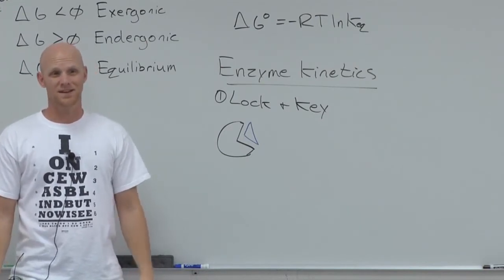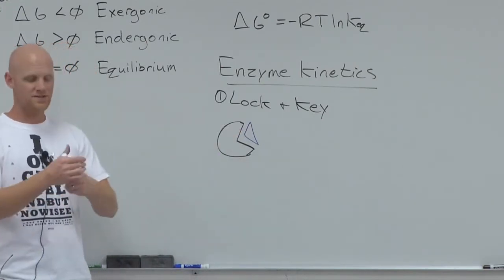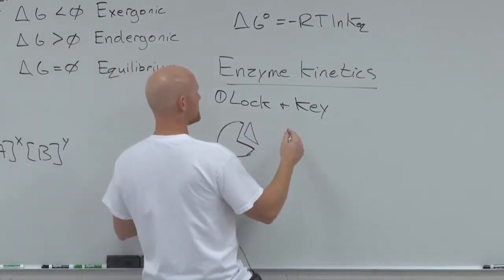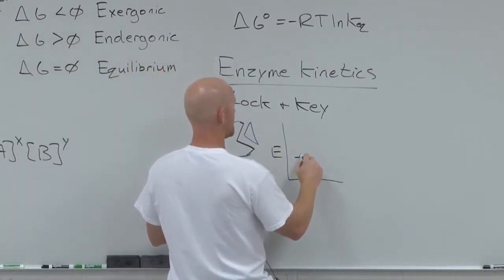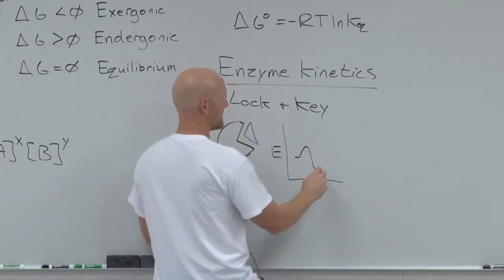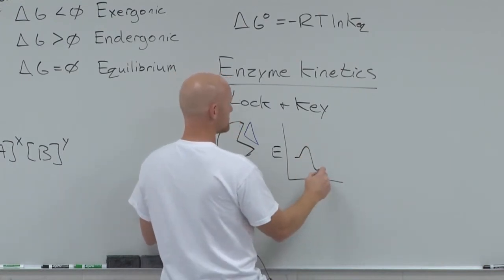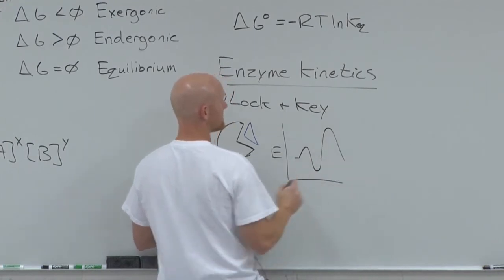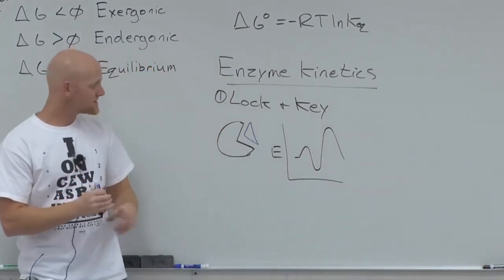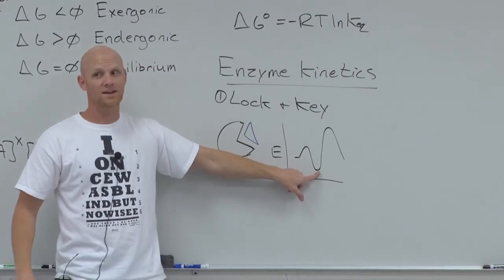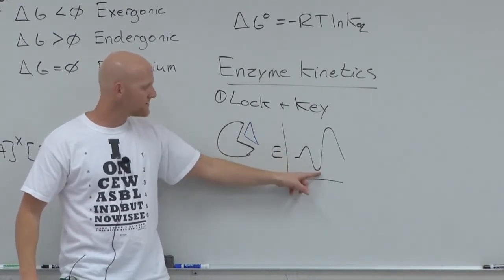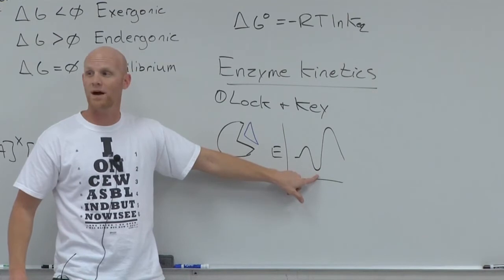It lowers it. And that's a big problem with this model, because if you plot the energy going on here, what you find is that this might actually lower the energy before it goes back up to complete the reaction. In this case, because I had a really good fitting lock and key, it lowered the energy of the enzyme substrate complex when they're bound together.